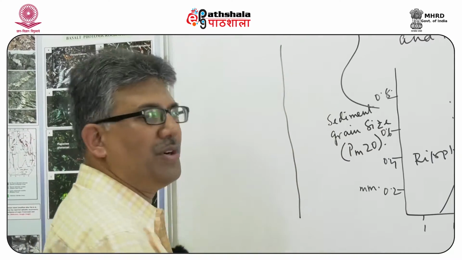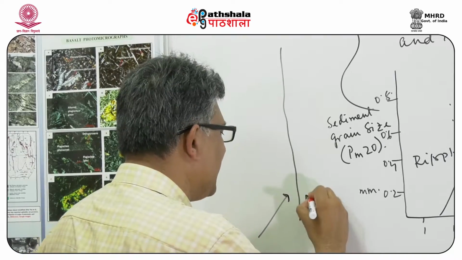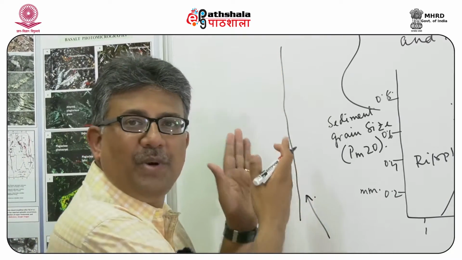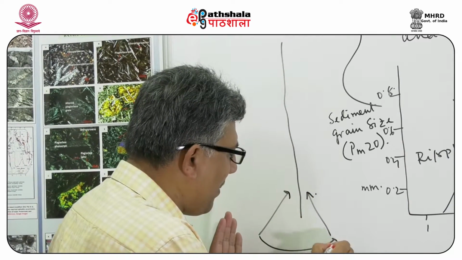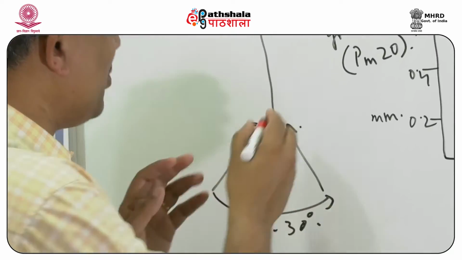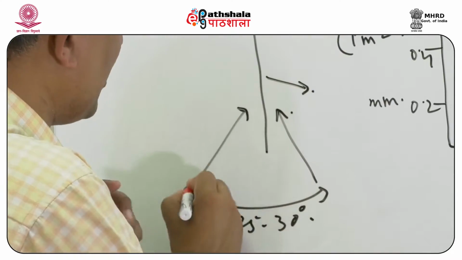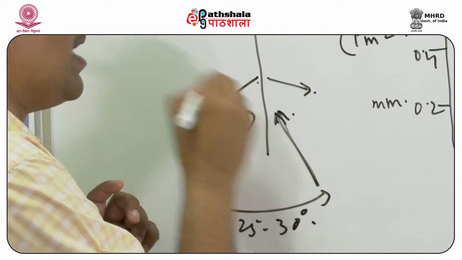If the crest line of the longitudinal bed form is like that, and the wind is flowing something like this, it may not be exactly following the crest line of the longitudinal bed form, but it can deviate about 25 to 30 degrees from the wind flowing direction, and that will cause a slip face on this side because of the movement of this, and the movement of that will create a slip face on this side.